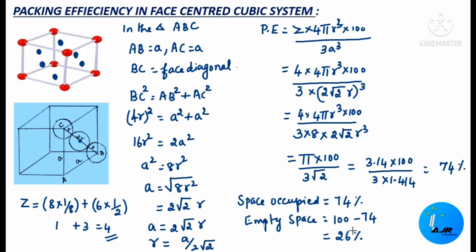Understood, students? Thus for a face-centered cubic system, the radius of the atom, R, will be 0.355 times the edge length, and the distance between the nearest neighbors will be 0.707 times the edge length.